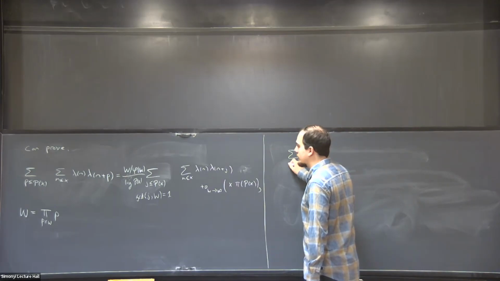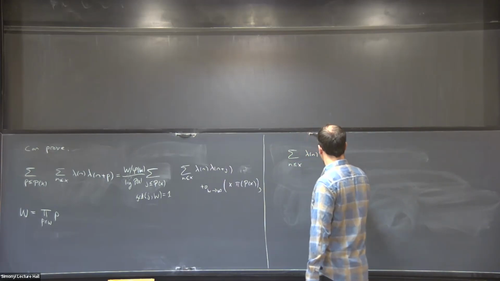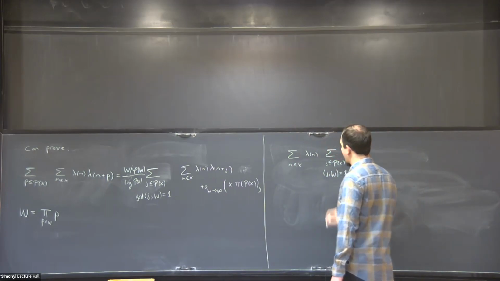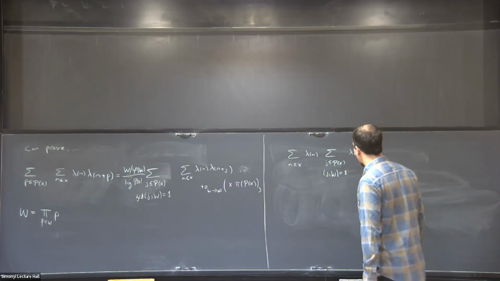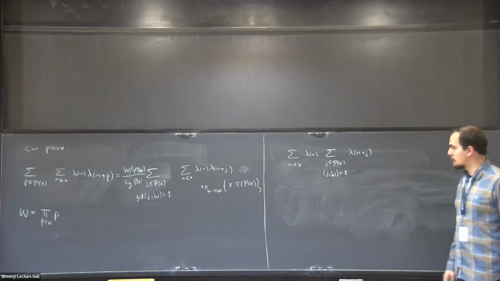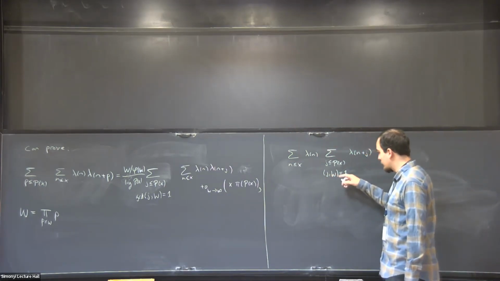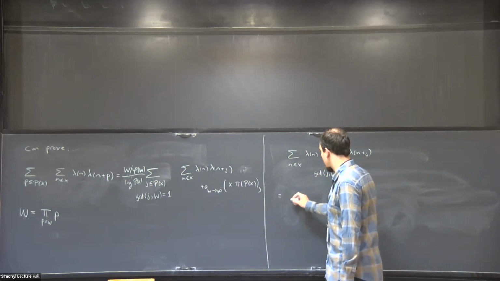So we can write the answer outside. And so to get rid of the co-primality condition, we can split into progressions.